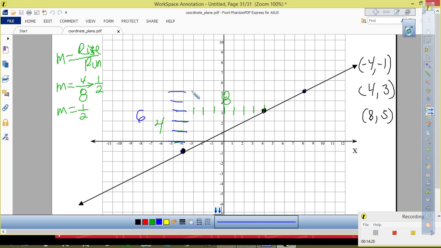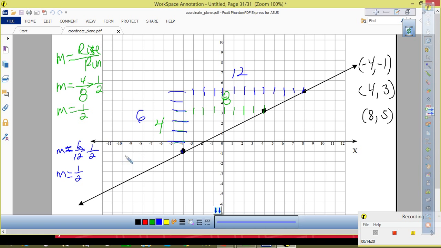How many to the right? 1, 2, 3, 4, 5, 6, 7, 8, 9, 10, 11, 12. So I'm going to write that up here. That's 12. So my slope is, what was the rise? 6 over 12, which is what? 1 over 2. So my slope is 1 over 2.